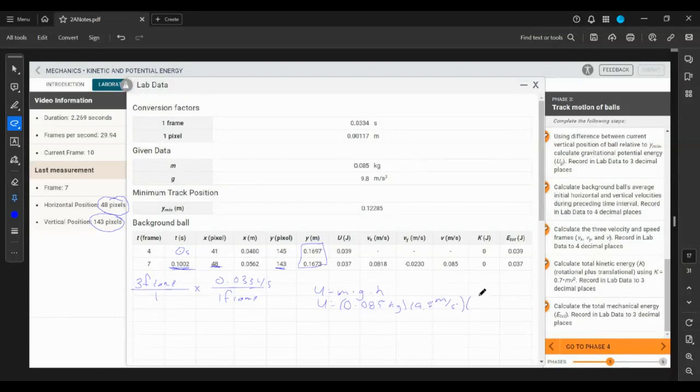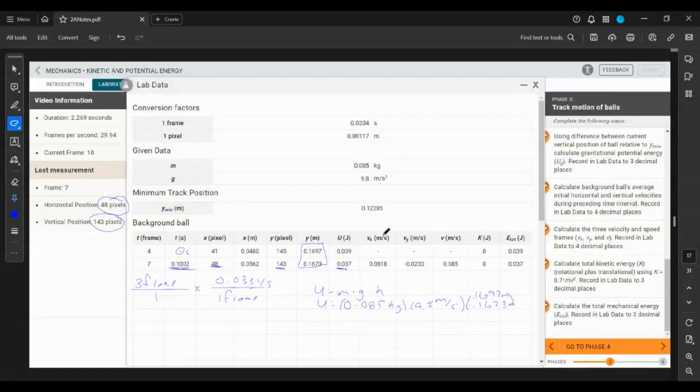So in here, I'm going to stack them to save a little bit of space, but then you would have the difference in these. So you'll have 0.1697 minus 0.1673, and then these are in meters, and then all combined kilograms times meters squared when these combine, and seconds squared makes joules, and that's where this number is going to come from.